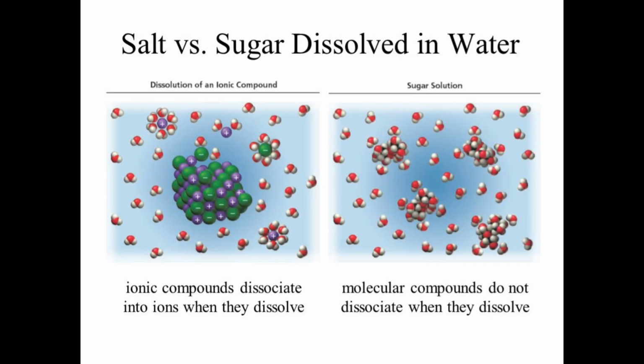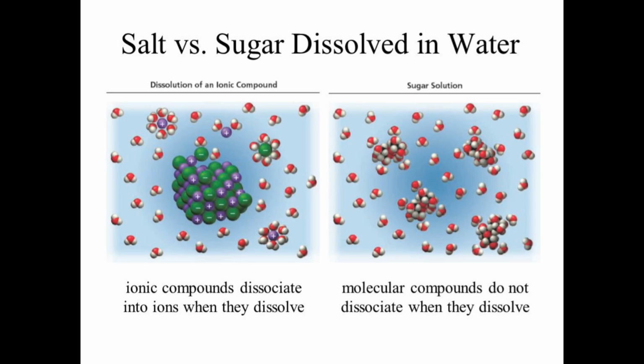Now let's look at salt versus sugar dissolved in water. You observe that salt dissolution in water is an ionic compound being dissociated into ions when they dissolve, because salt is ionic. Sugar is molecular because it consists of covalent compounds.